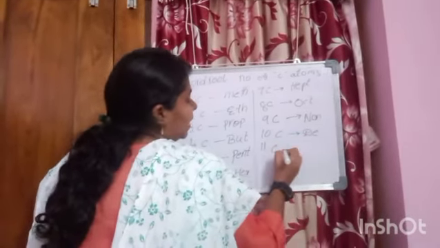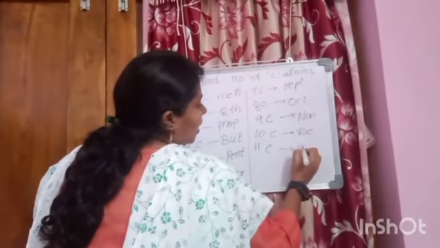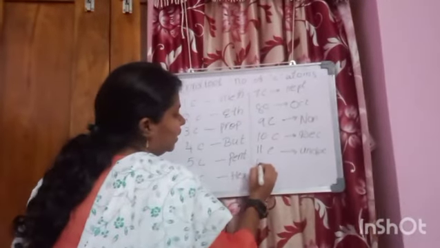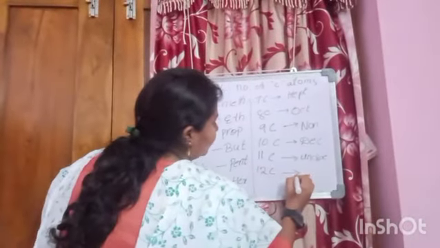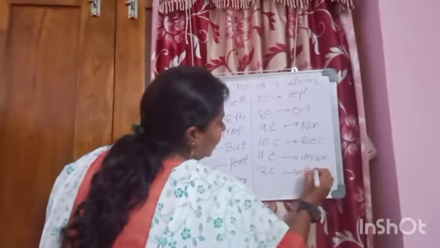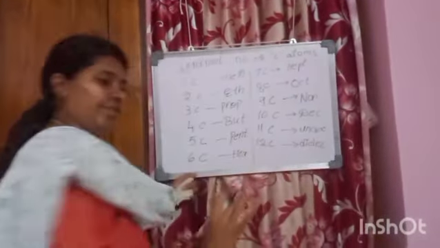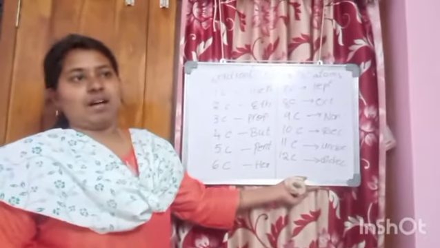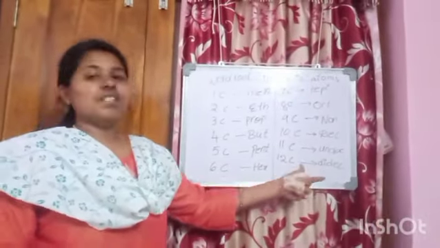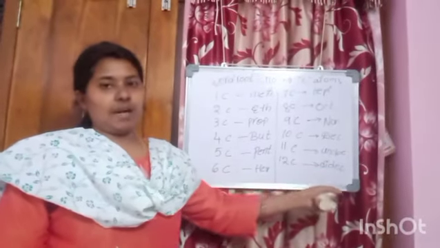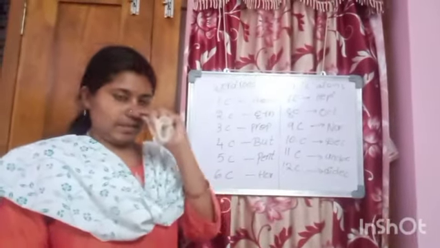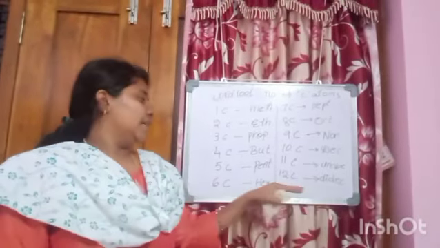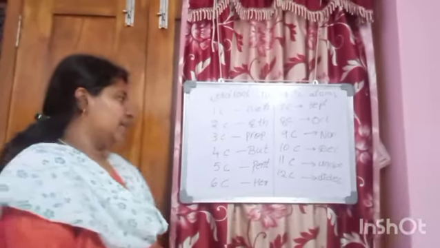If 11 carbon atoms, undec. If 12 carbon atoms, dodec. Till 12 is enough. More than 12 is no need for you. If you go to higher sections, you will learn more about 13, 14 carbon atoms; they have their specific names. Till 12 is enough. Okay.